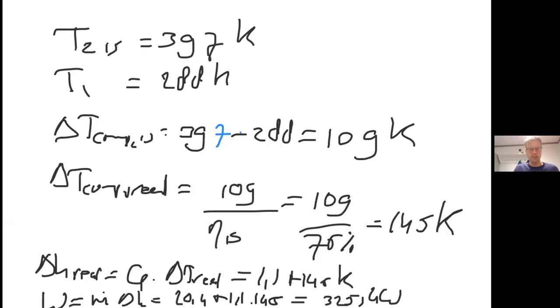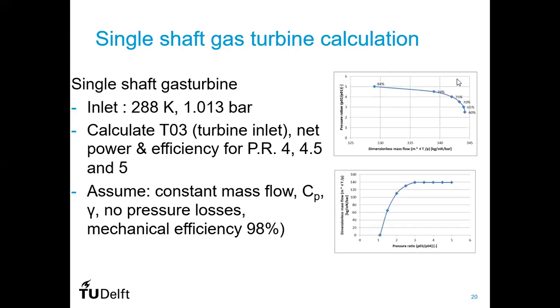I will share my other screen again so you can see it. Wait a minute, zoom. The first question was about how we get to the 342. If you read in the compressor diagram, we have a pressure ratio of 4.